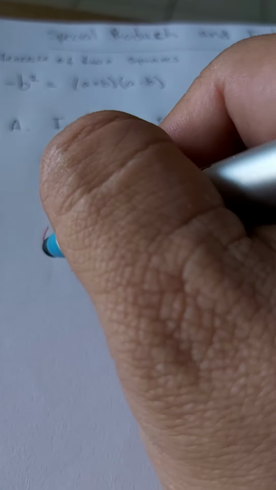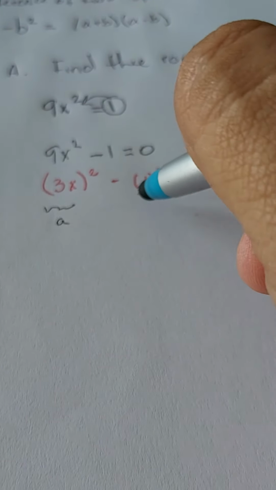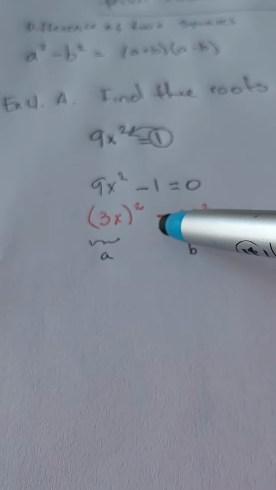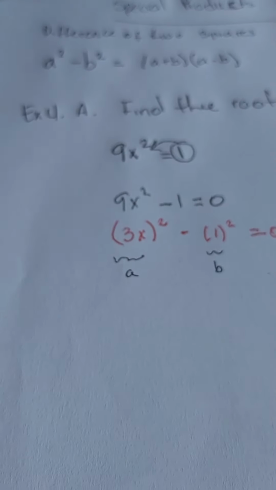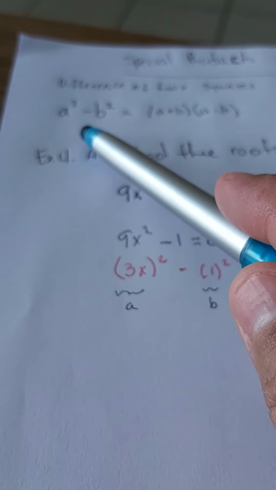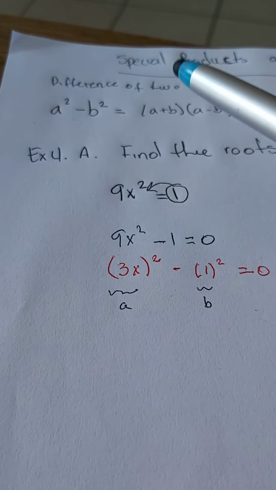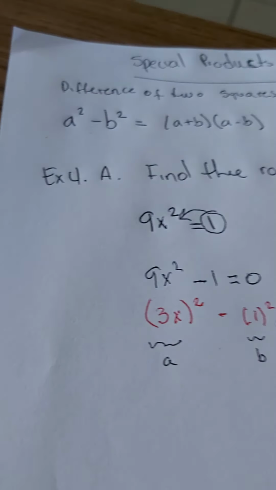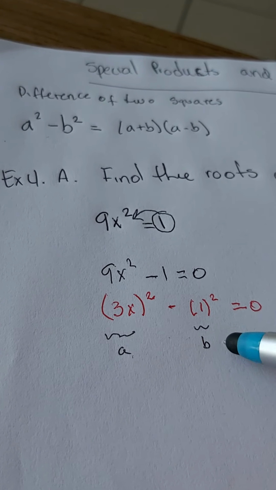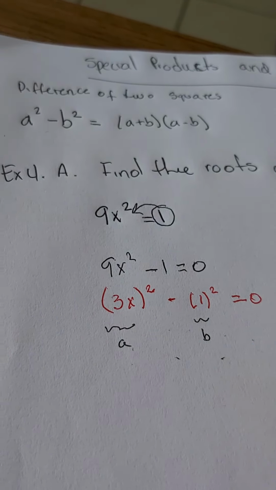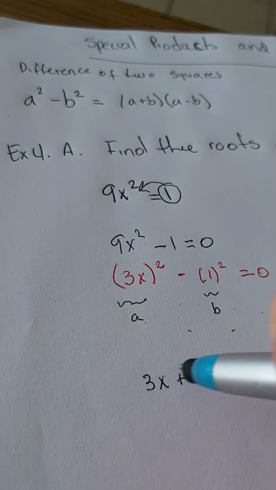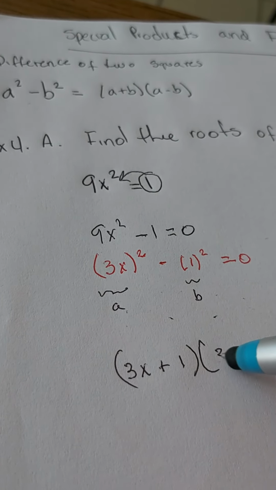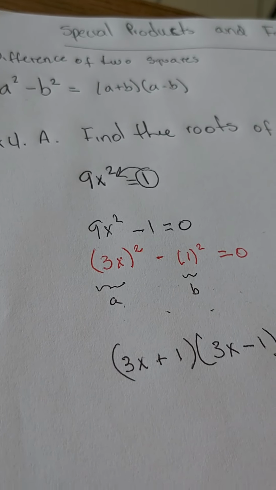So all of this is A and this is B. A squared minus B squared equals 0. So this is equal to A plus B times A minus B. So that means 3x plus 1 times 3x minus 1 equals 0.